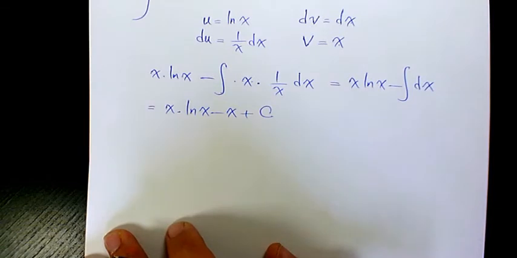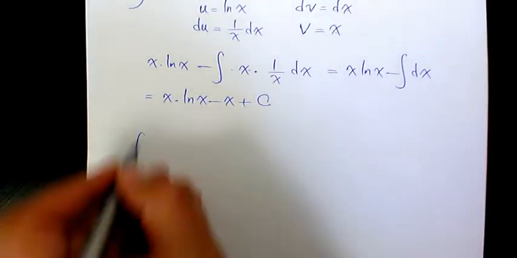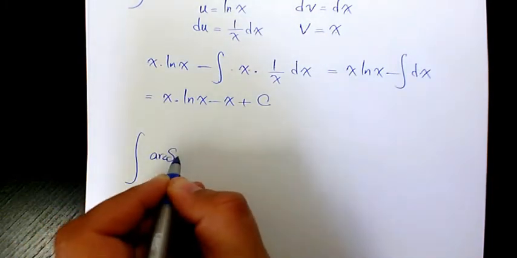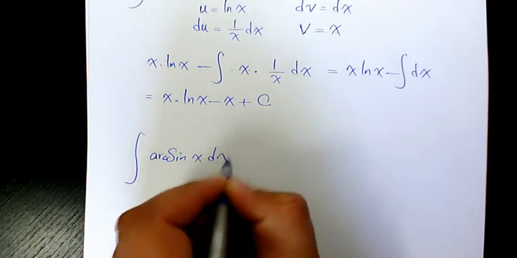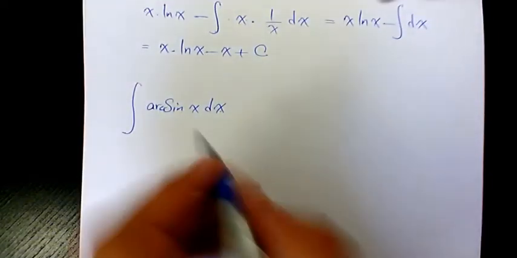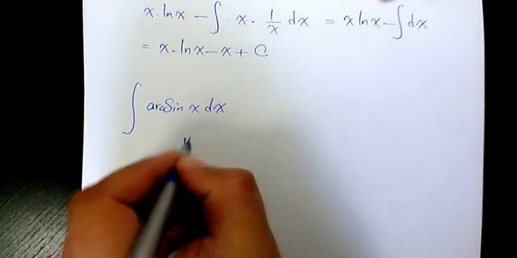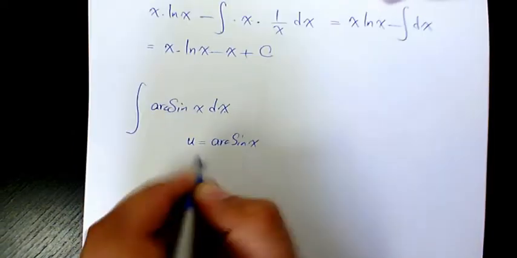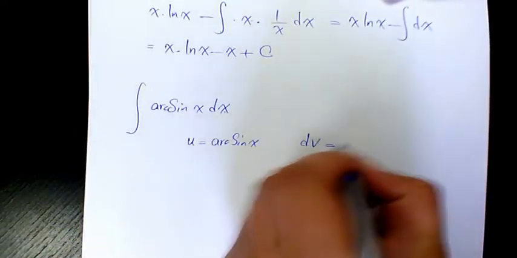Next example. Arc sine x dx. I'm going to consider u as arc sine x and dv as dx.